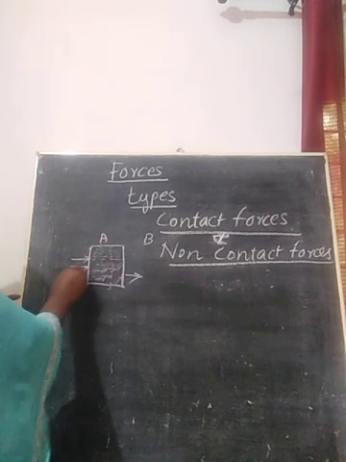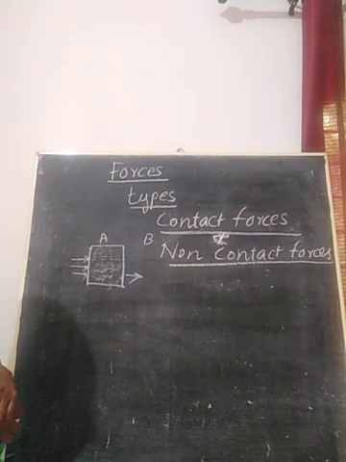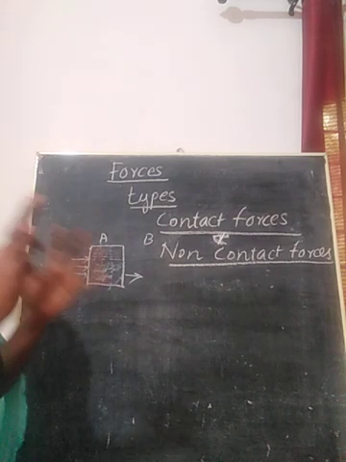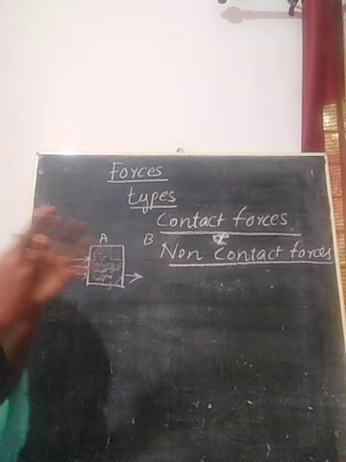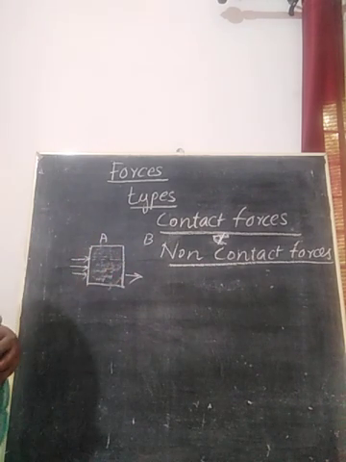We should be in touch with the object, or we should contact the object, or interact with the object. If we are pulling it with our hands, the hands must be in touch with the object, then only it will move.